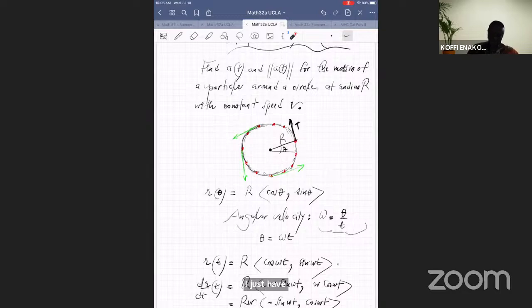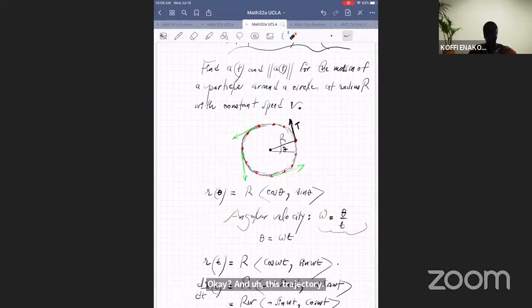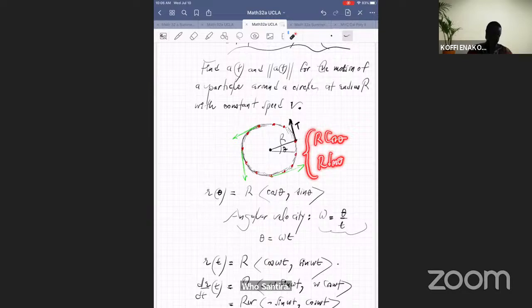This trajectory can be represented by r of theta, which is r cosine of theta for the first term and r sine of theta for the second term, which I can factor into r times cosine theta, sine theta.